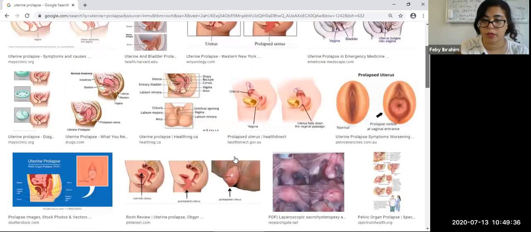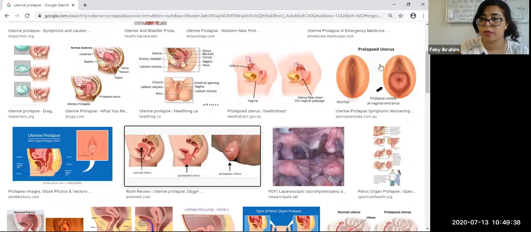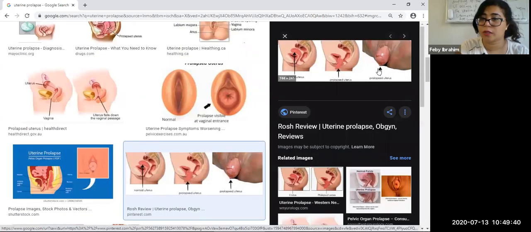Okay, guys, look here at this one. Do you see how the uterus is outside, out of the vagina? It protrudes into the vagina and comes outside of the vagina. See how the uterus is out because of the loose ligament and the weak muscles.